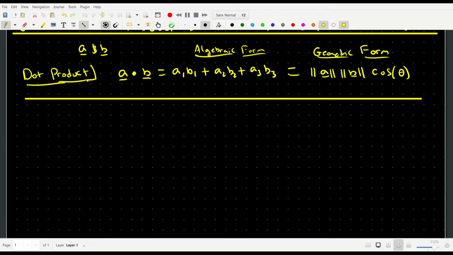So remember, our vectors here have three components. A has A1, A2, A3, and B has B1, B2, B3.